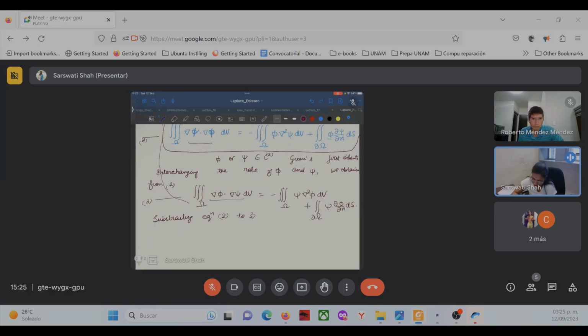And we are left with the integral over omega of phi del 2 psi minus psi del 2 phi dv is equal to the integral over del omega of phi del psi over del n minus psi del phi over del n ds.